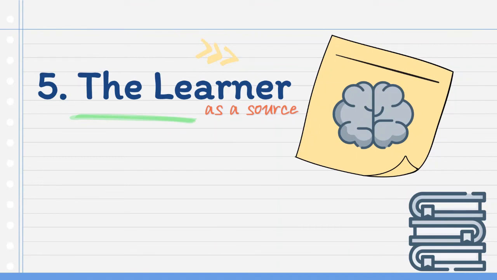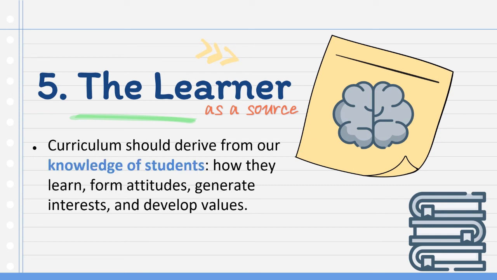For progressive curricularists, humanistic educators, and many curricularists engaged in postmodern dialogue, the learner should be the primary source of curriculum design. Curriculum should derive from our knowledge of students, how they learn, form attitudes, generate interests, and develop values.